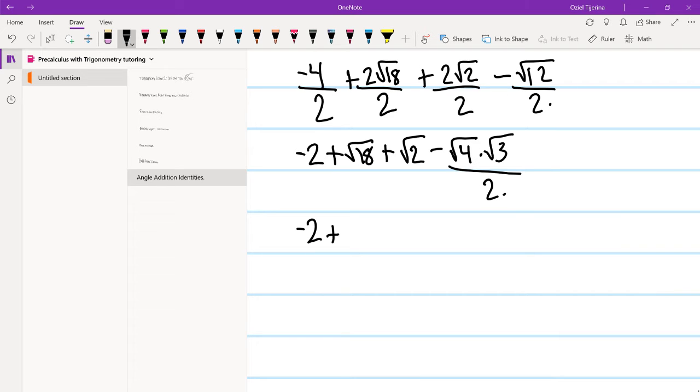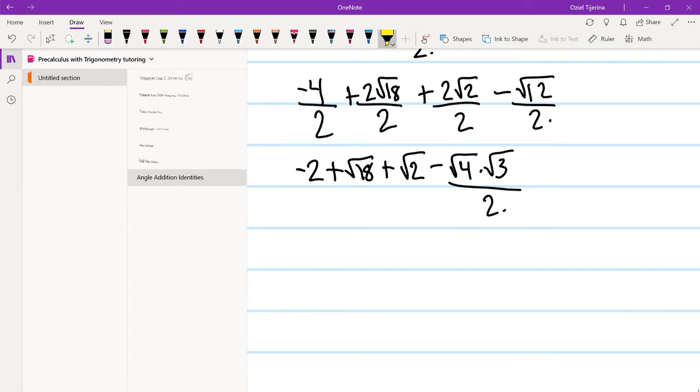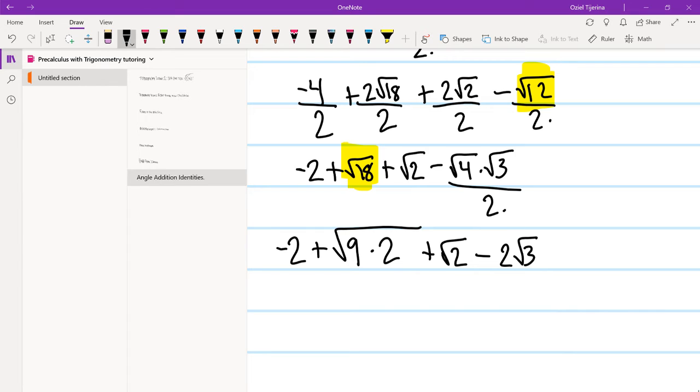In reality you would go ahead and simplify these. So you would say negative 2 plus the square root of 9 times 2 plus the square root of 2 minus the square root of 4, which is 2 square root 3, divided by 2.